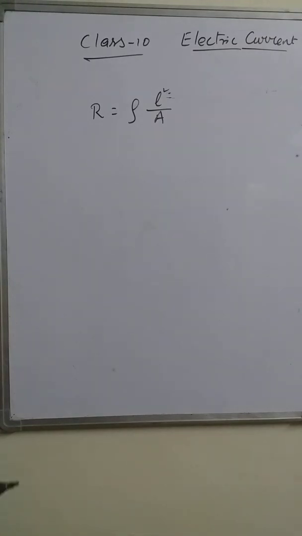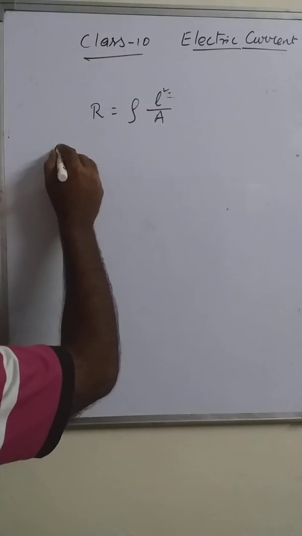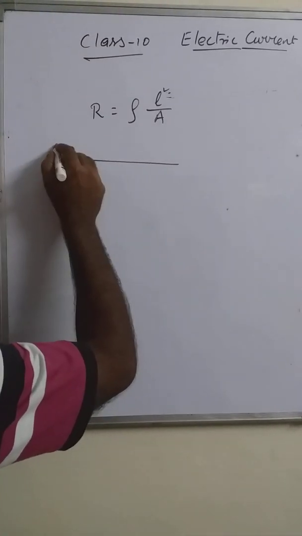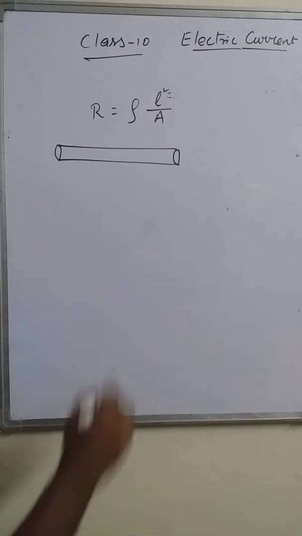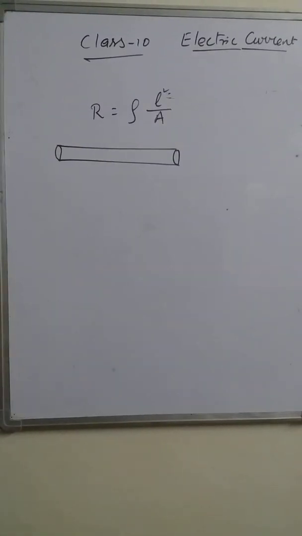Here we have some examples that are somewhat special. Suppose a wire in the form of cylindrical shape, right? Mostly all the wires are in the cylindrical shape.